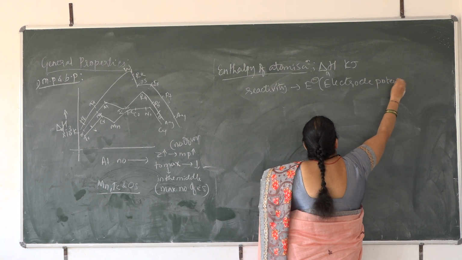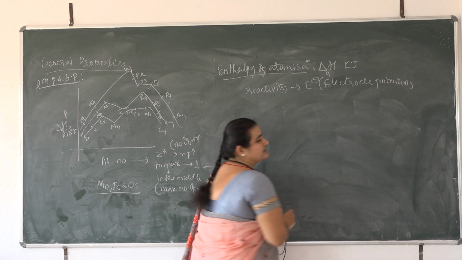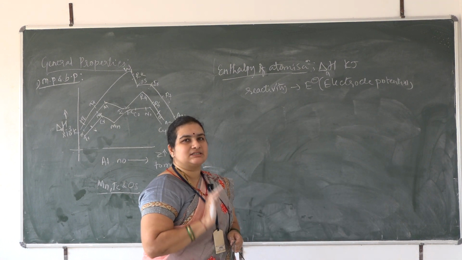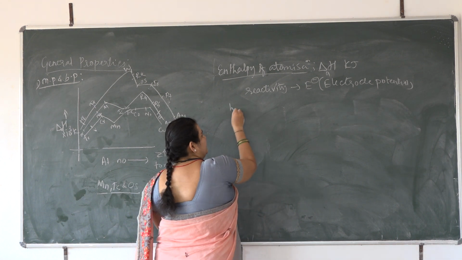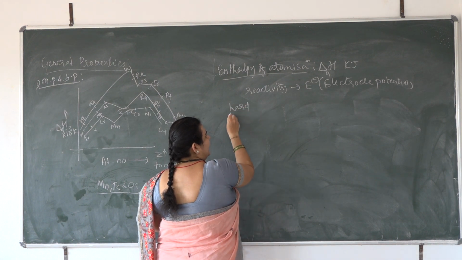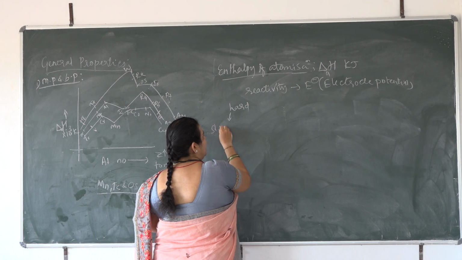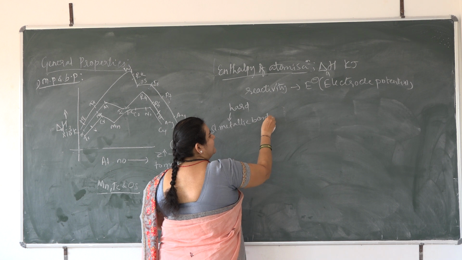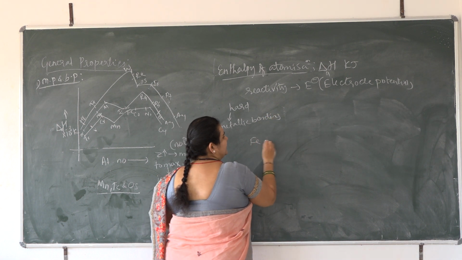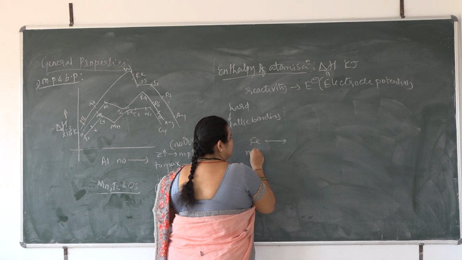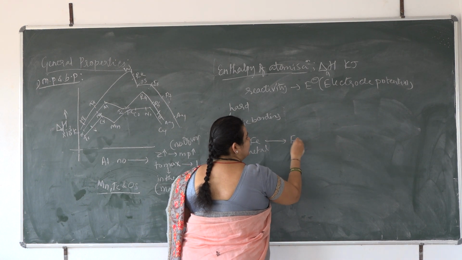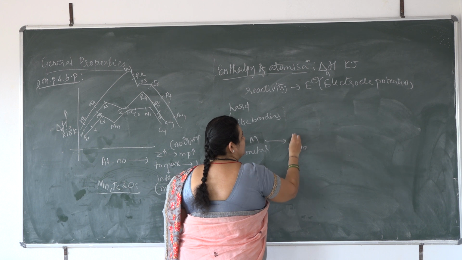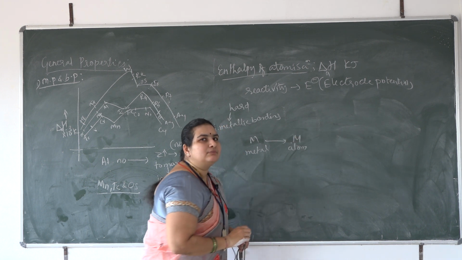So what is the relation between electrode potential and reactivity and enthalpy of atomization? Let us see. Okay, if the metal is harder, why harder? Because of strong metallic bond. Okay, so enthalpy of atomization is, Fe metal is converted to Fe atom. This is one example. Okay, M metal is converted to M atom.